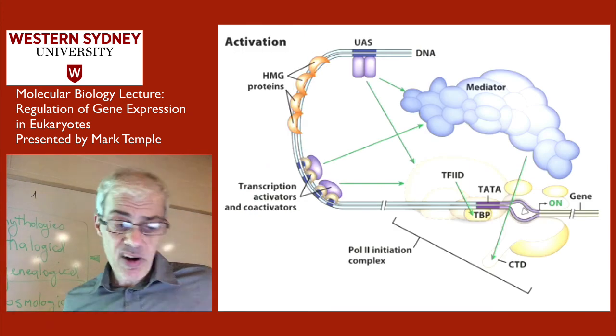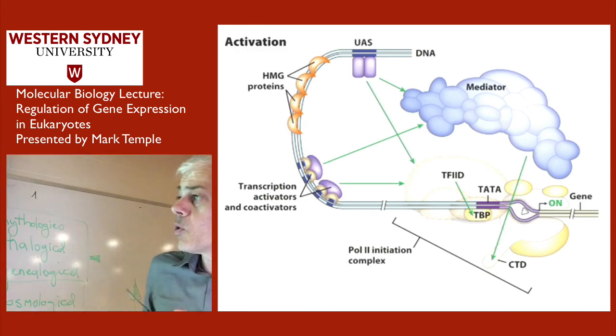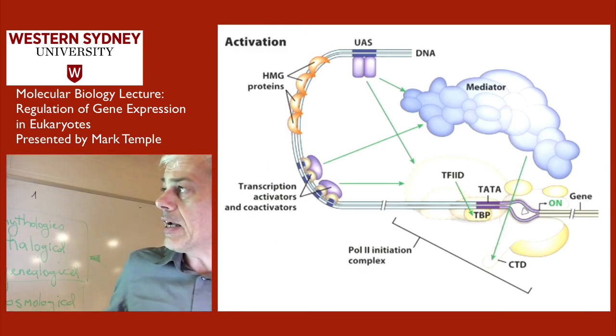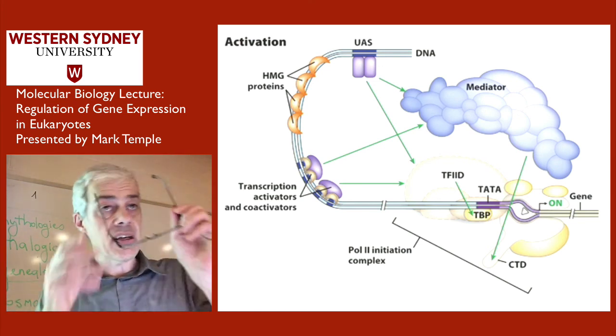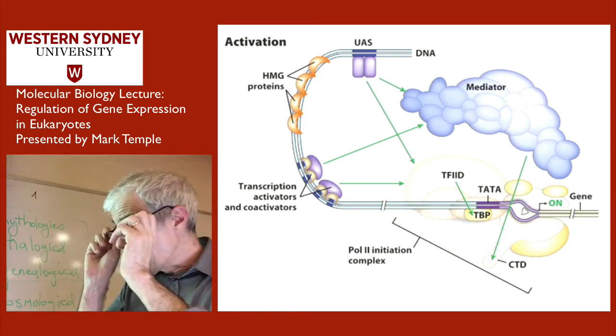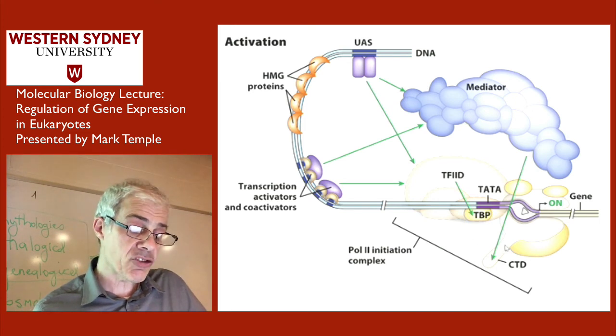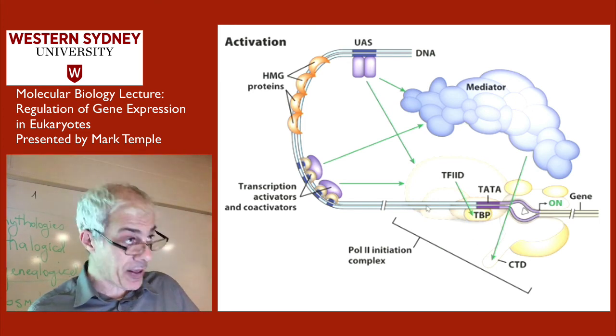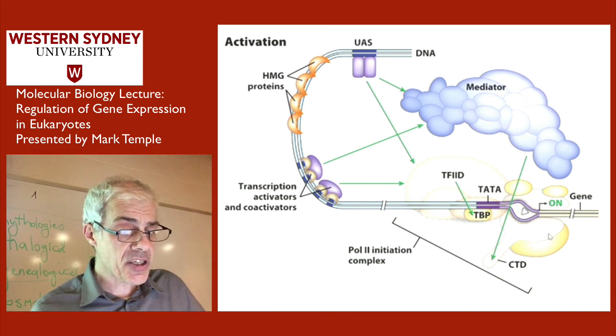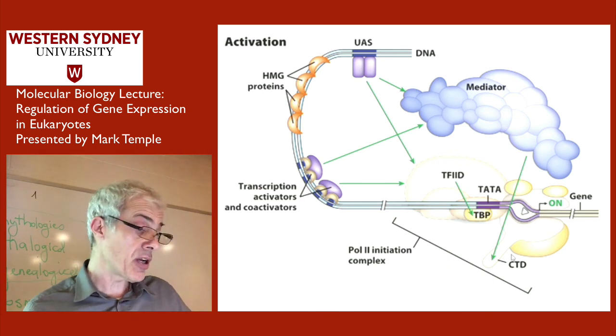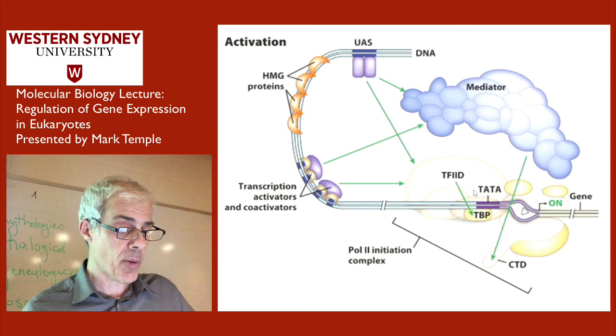So there's a diagram here which we've seen before, but with slightly more detail the second time round. This is the basal transcription machinery bound directly at the promoter region. Okay, so this is what has to be there for transcription to have a chance of operating.